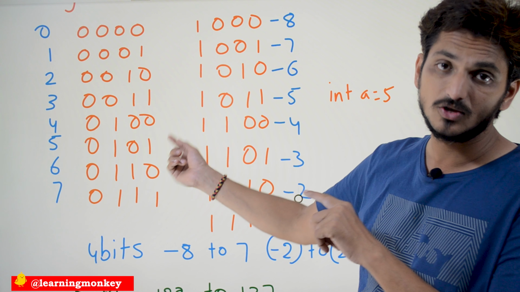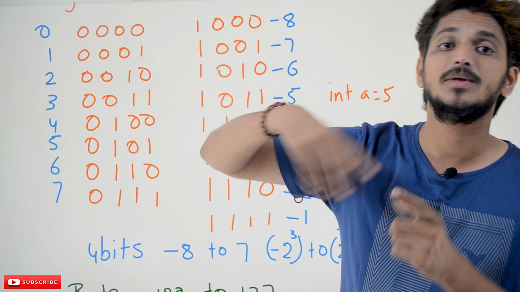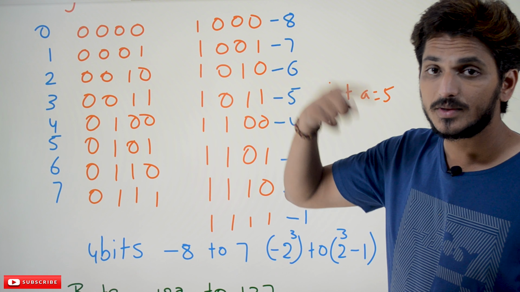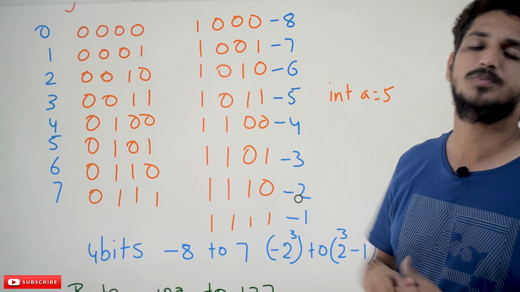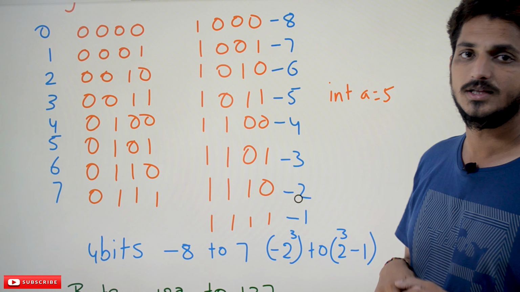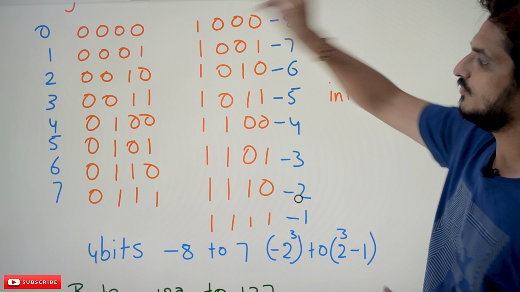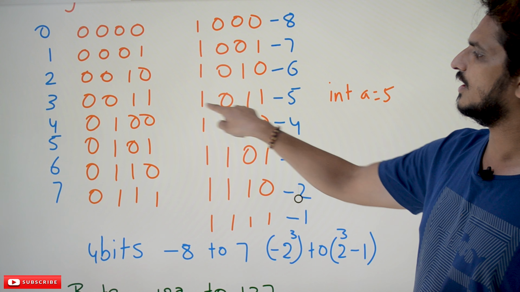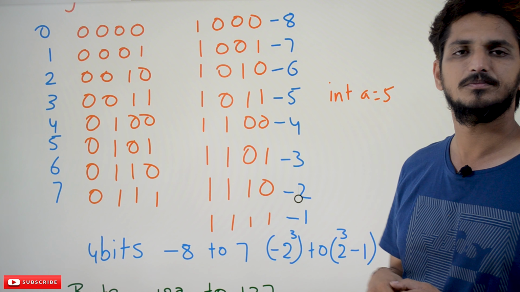This 0101 is going to be stored in the memory space allocated to a. How that memory is allocated was explained in our last class. This is how decimal numbers are converted into binary. If you give minus 5, this number is also going to be stored in our system.